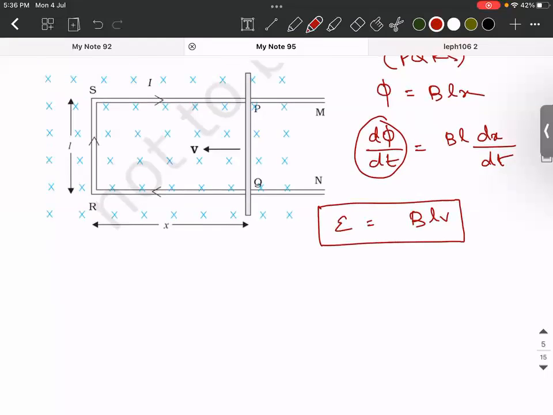How to find which pole is positive and which pole is negative? Which end is positive and which end is negative? In this scenario, is the flux decreasing or increasing? I told you there is also a case where the area is changing, the magnetic field is constant, and the orientation is constant. Now which pole are you according to this problem?